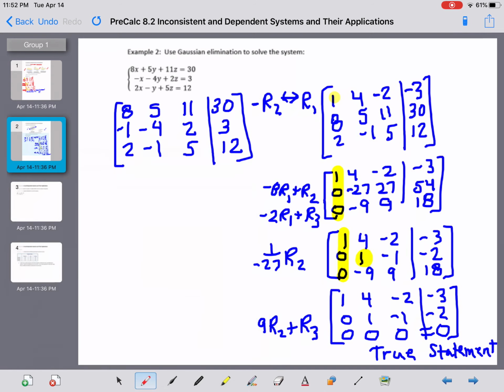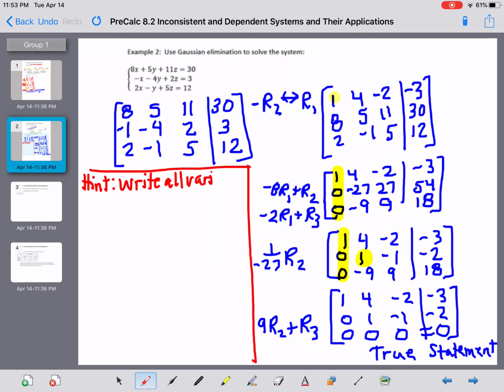Okay, so this is what we're going to do here, and I'm going to try to keep it on this page so you can see what's going on. We want, and I'm going to write this here as a hint so you remember this, to write all the variables in terms of the last variable.